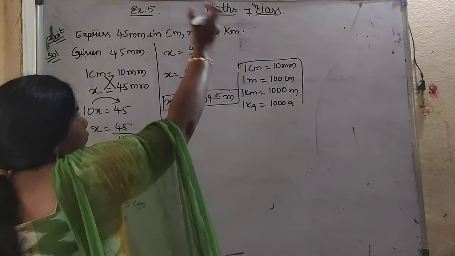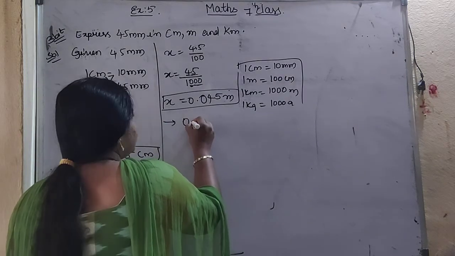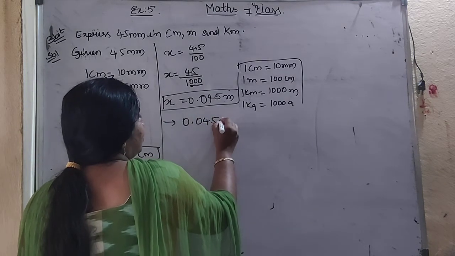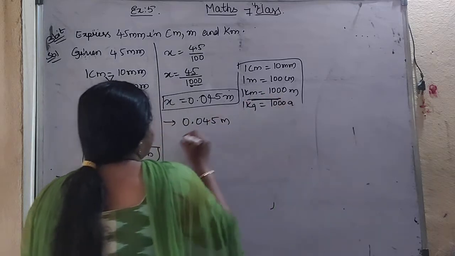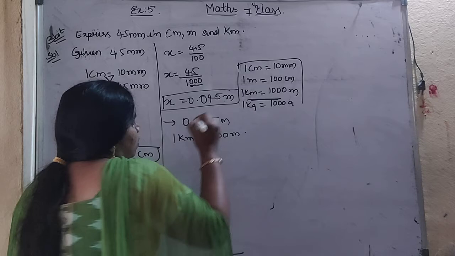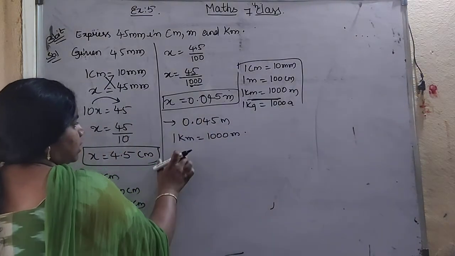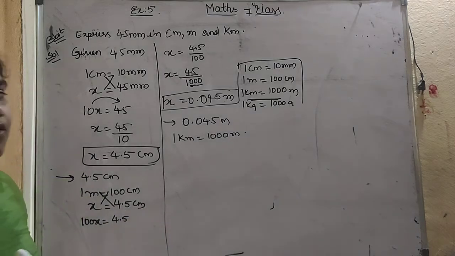Now meters we have to convert into kilometers. Which conversion are we using? We are using this one: 1 kilometer is equal to 1000 meters. Now 0.045 meters is equal to how many kilometers, you have to find.